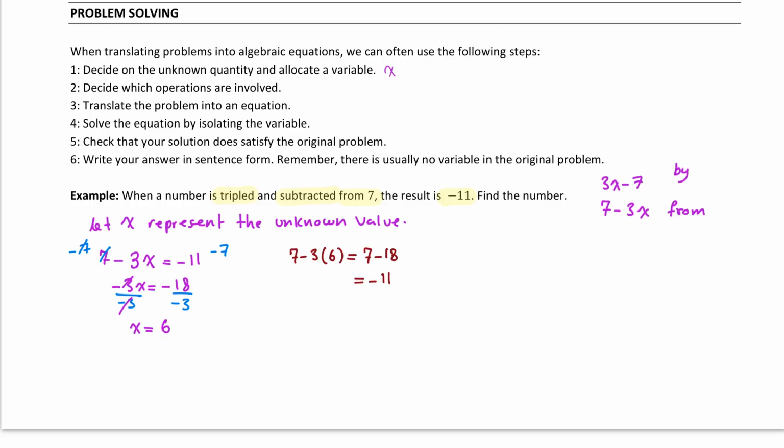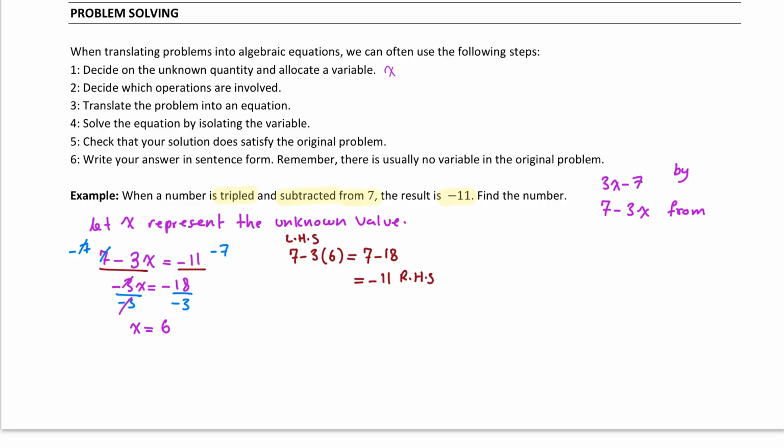So this is my left-hand side, and this is my right-hand side of the original equation that I created. So they are equal when I use the value of 6 as my x.